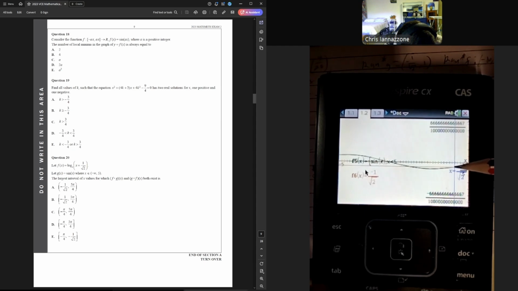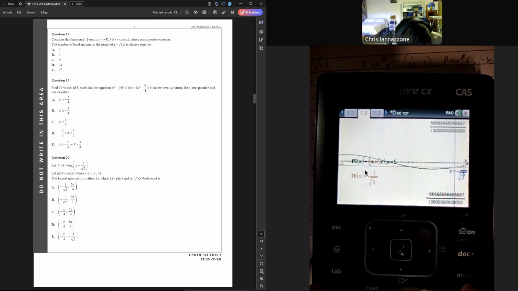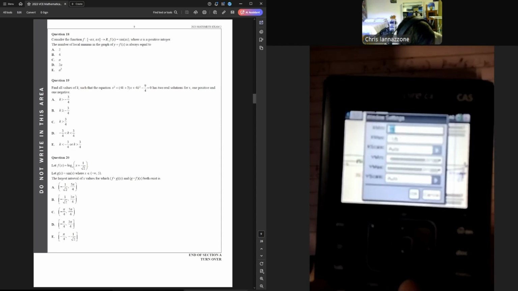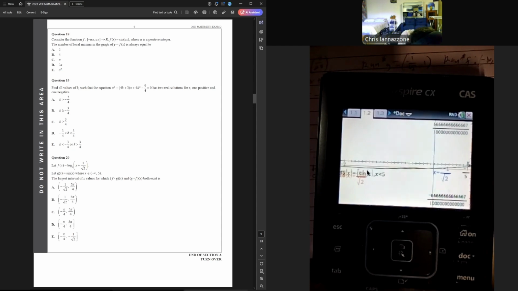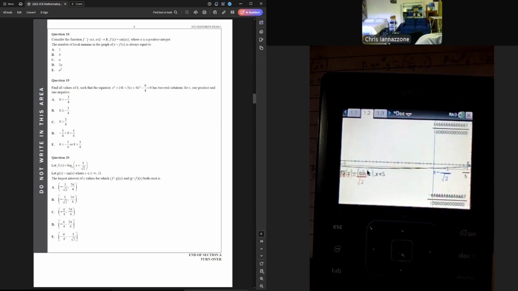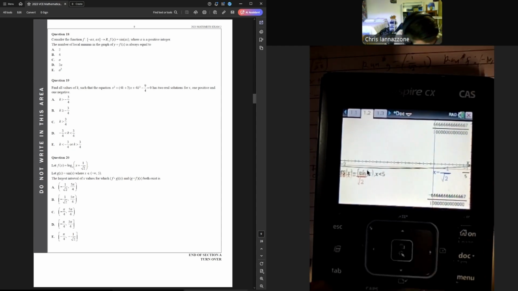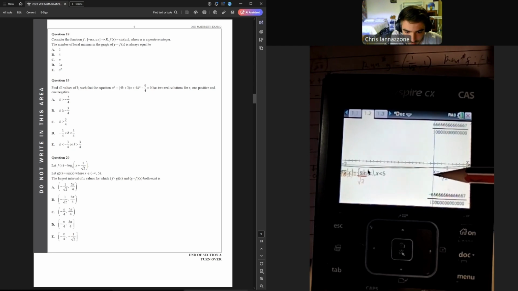Huh, that might just be the cutoff point. Interesting. Zoom in even more. Oh, it's so close, but it's not quite. Anyway, point being, -1 on root 2 is a little bit further than the crossover. Crossover's here, -1 on root 2 is here.